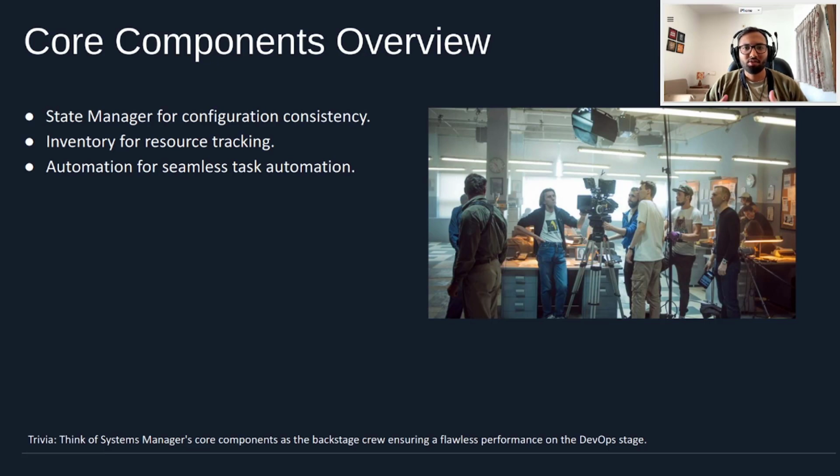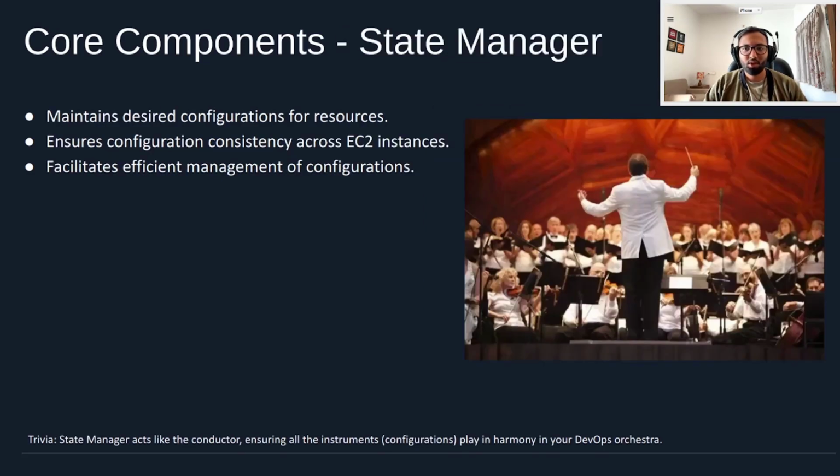Inventory helps you with resource tracking. Automation seamlessly helps with task automation. These are a few of the core components of Systems Manager which help you with the delivery of your on-stage DevOps practices. We'll go over each core component of Systems Manager.